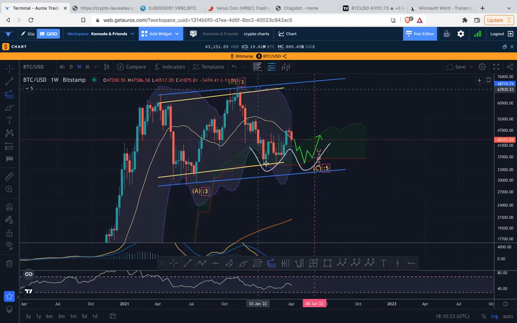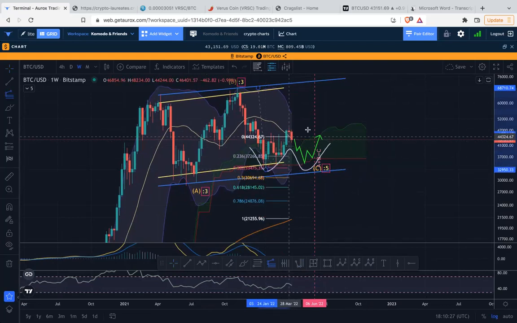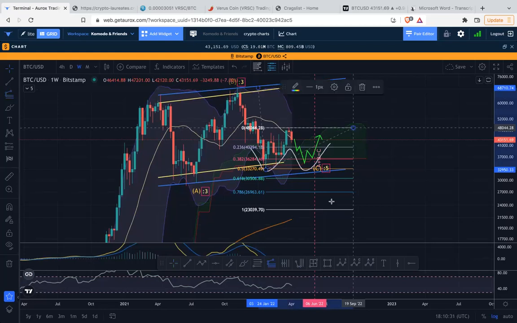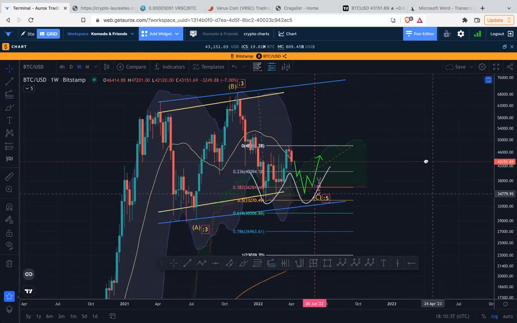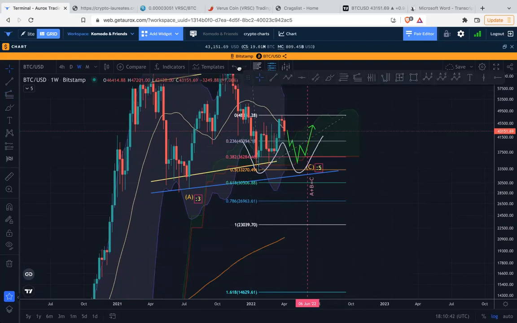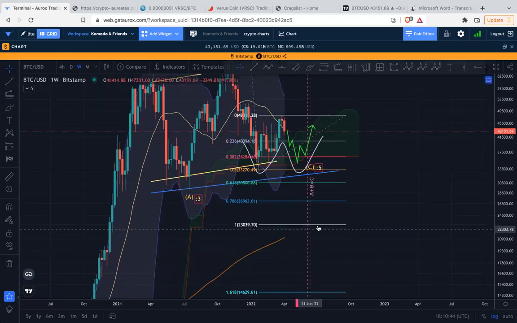If we take from the beginning of that move, we call that an A down to here, and go to this top here to the end of a potential B, we get to a one-to-one, which would be, if we watch the 200-week moving average moving up, it roughly can meet around the one-to-one relationship, and that would be around 23,000.